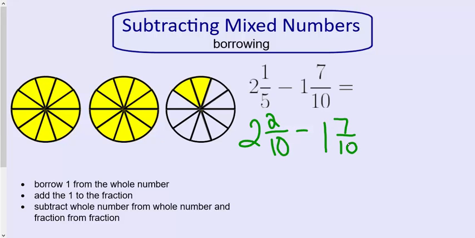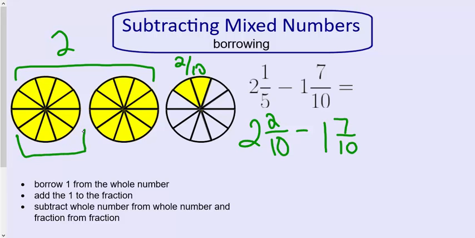So let's try to understand what happens when we borrow 1 from the whole number. This is 2 here. This is 2/10 here. When I borrow 1, what I'm really doing is just dividing the shape a little bit differently. I've got 1, and then here I've got 10/10 and 2/10.